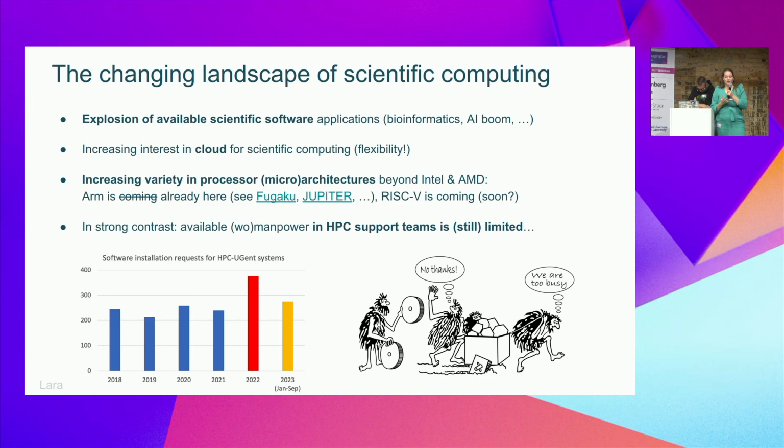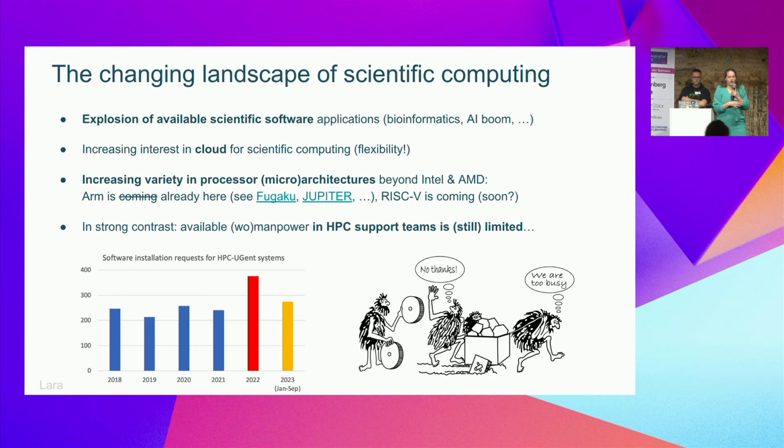But EasyBuild is no longer enough. It's no longer enough because the landscape of scientific computing is changing. You have an explosion of software that is being developed in bioinformatics with the AI boom. And so EasyBuild is no longer enough to provide the software that is asked from the scientists.